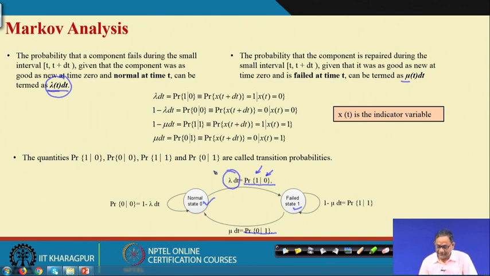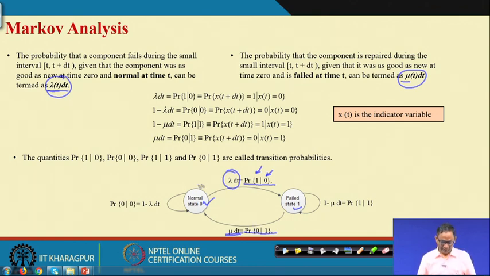At the same time, suppose the component is at failed state, then mu t dt is nothing but the probability that the component will be repaired during a small interval of time delta t, given that it was as good as new at time t equal to 0 and failed at time t. So, the transition probability will be mu t dt.